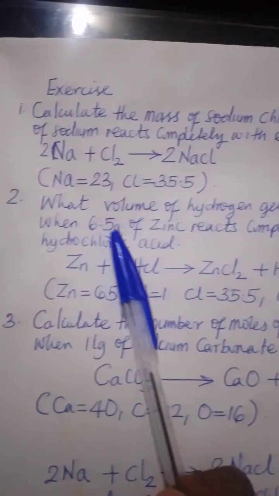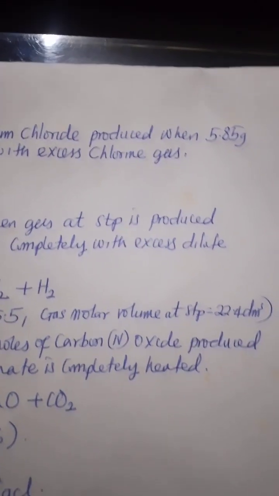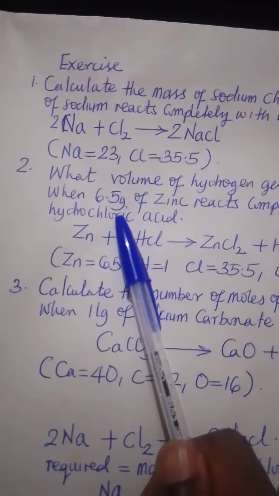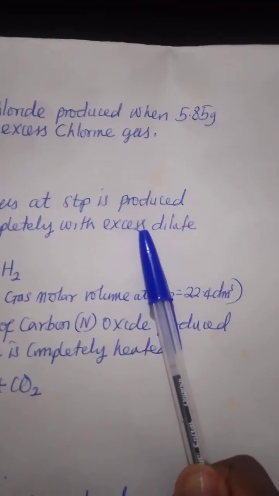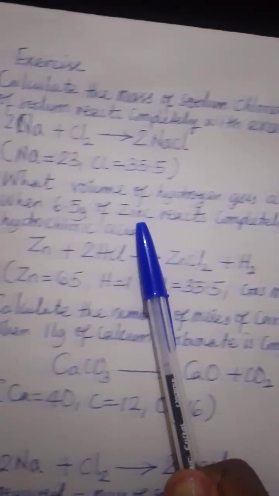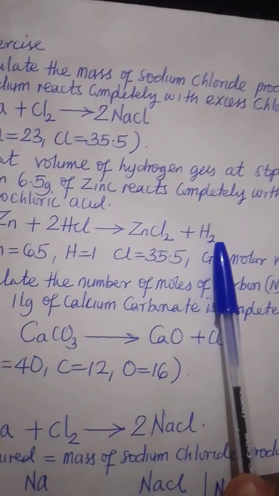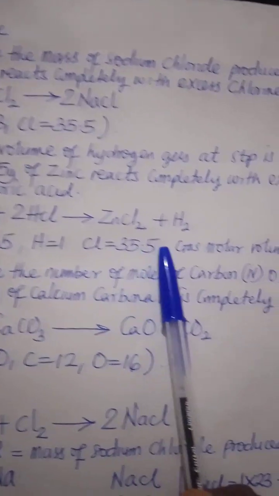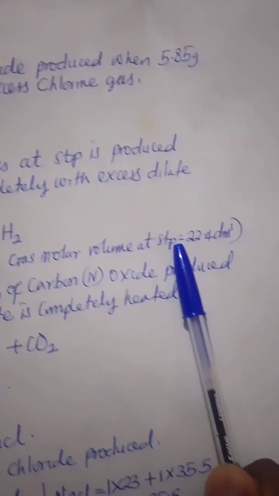Number two, what volume of hydrogen gas at STP is produced when 6.5 grams of zinc reacts completely with excess dilute hydrochloric acid? We're given the equation of reaction, also the atomic masses and the molar gas volume at STP.